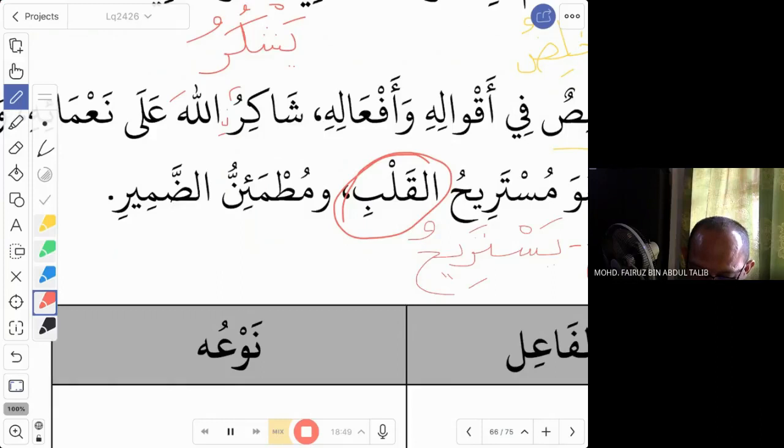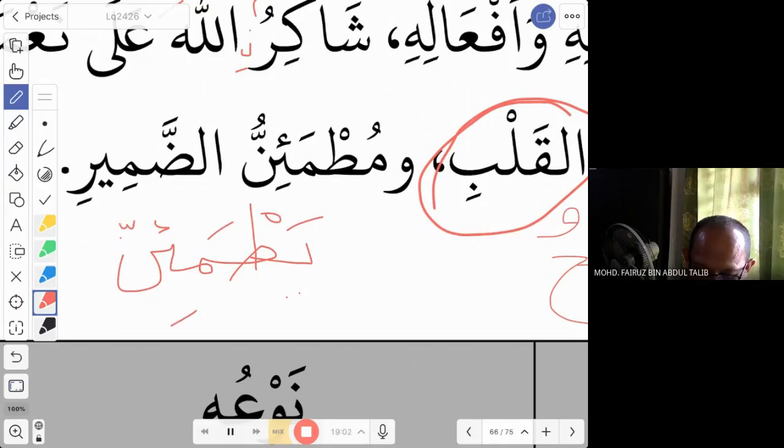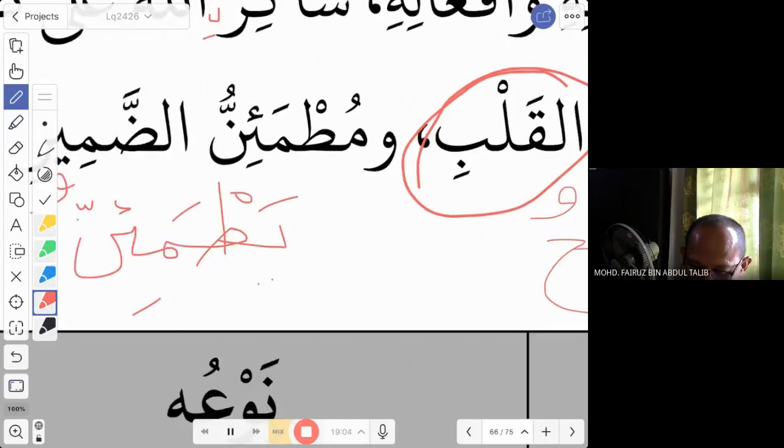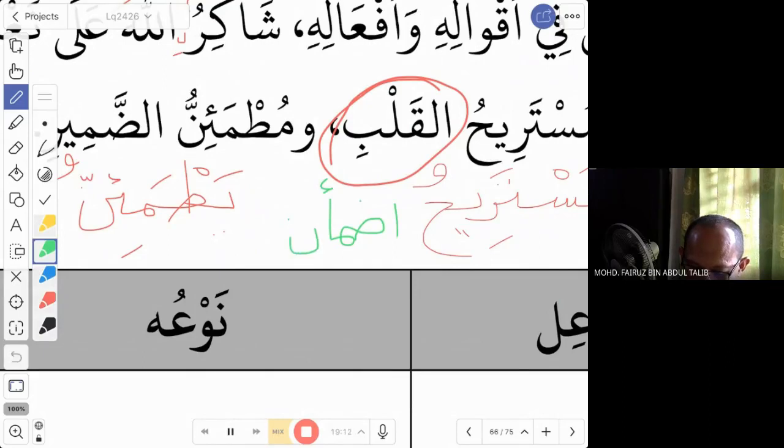This is from the fi'il; replace the mim with a ya. How do we read the word? We say yatma'innu, from the fi'il madi itma'anna. It is more or less similar to istaraha yastarihu just now: rest, calm.